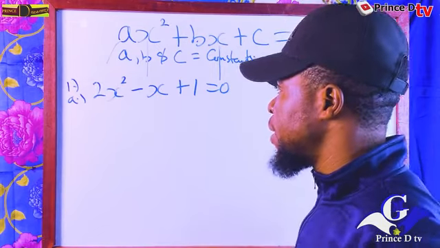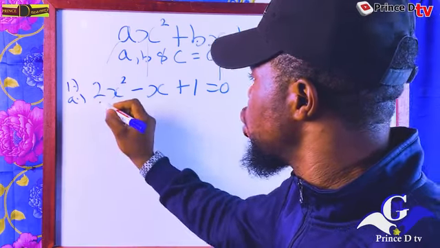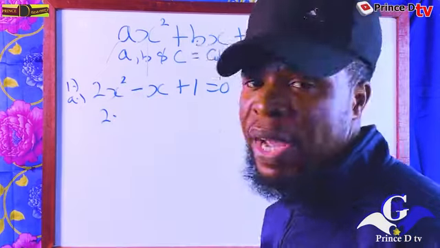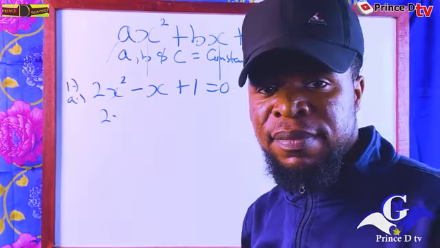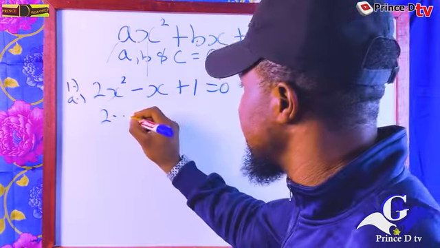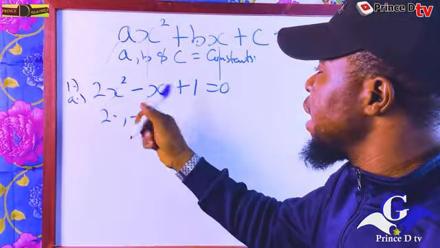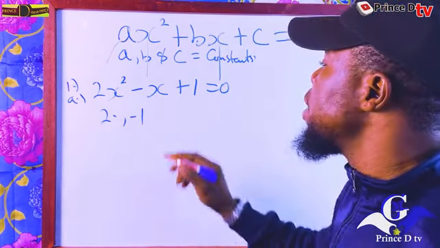for the highest power. So now the coefficient of x squared here is 2. The coefficient of x squared is 2. Now the coefficient of x is -1. Why -1? Remember, the negative sign is always attached to a number. Now why are we saying 1?